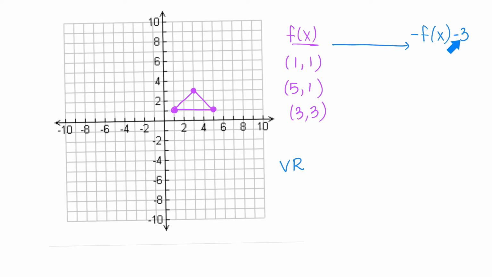And then I have a vertical translation. So I know that this is going to flip and then slide. And we just talked about how order matters. So if I look at my triangle in stages, I know it needs to flip over the x-axis, and if I do that, it's going to land right here, right?